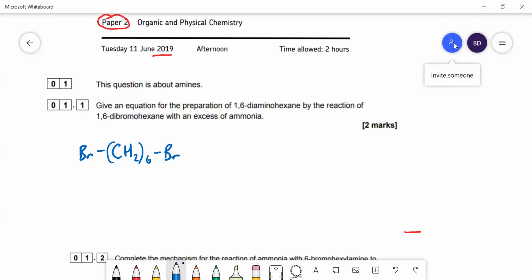Nucleophilic substitution reaction. We're going to need ammonia for that. We're going to get the diaminohexane produced. Six carbon chain, H2. Now we've got to balance this, and the bromines are going to come off as Br minus ions, and they're going to go with the NH4 plus ion, so that's going to be NH4Br.